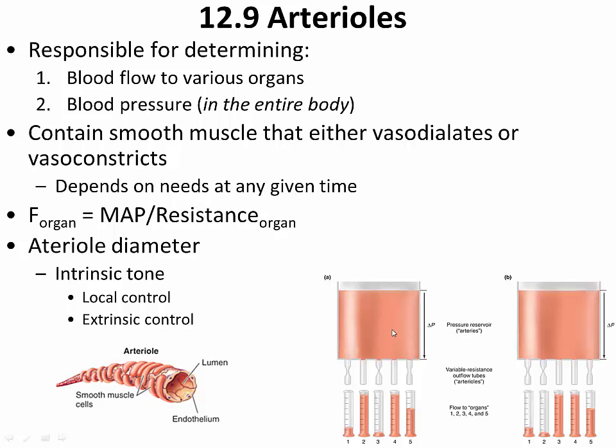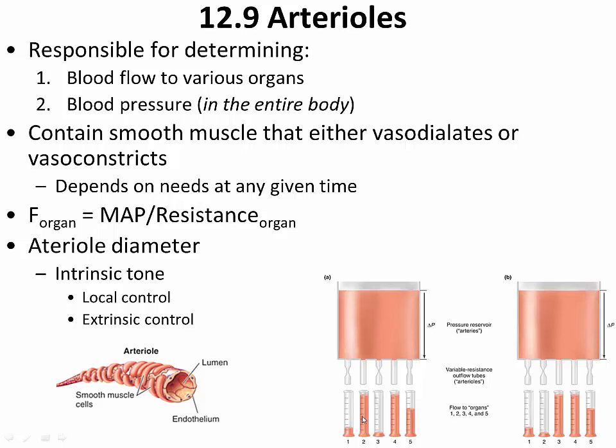So we have a pressure reservoir that is located above these various tubes, and the tubes are either constricted or not to various diameters. And what we notice is that the pressure that's pushing into each of these tubes is exactly the same, but the outflow diameters are different. And furthermore, if we look at the amount of flow in any given tube, then we notice it's directly correlated to the diameter of the outflow.